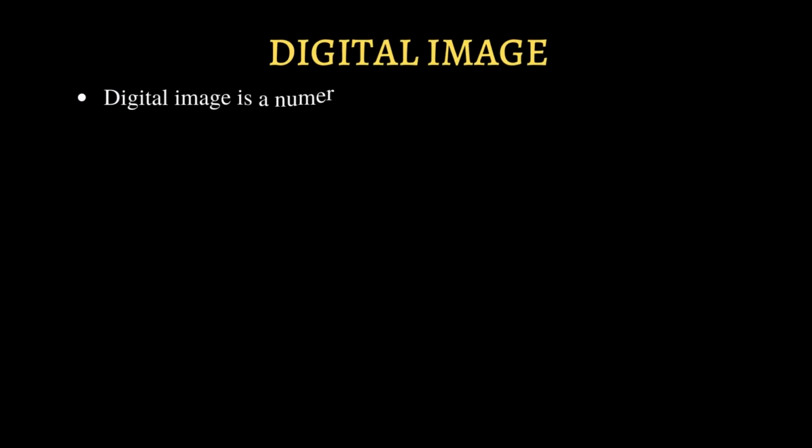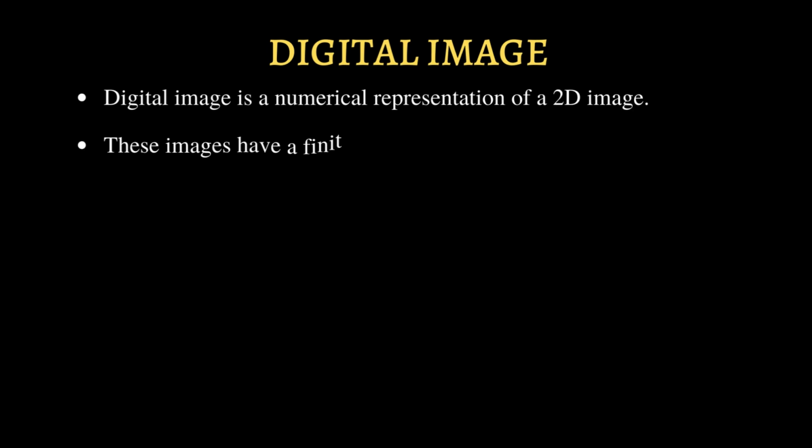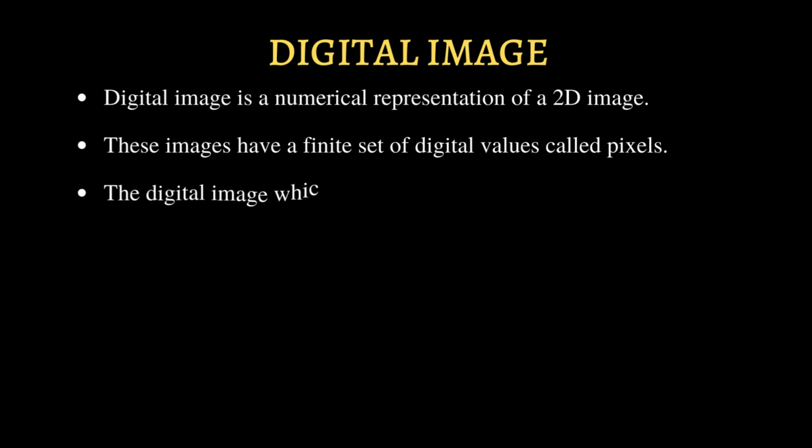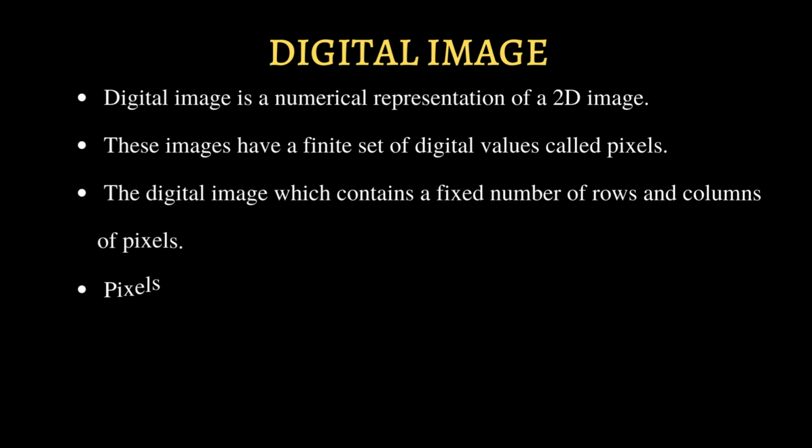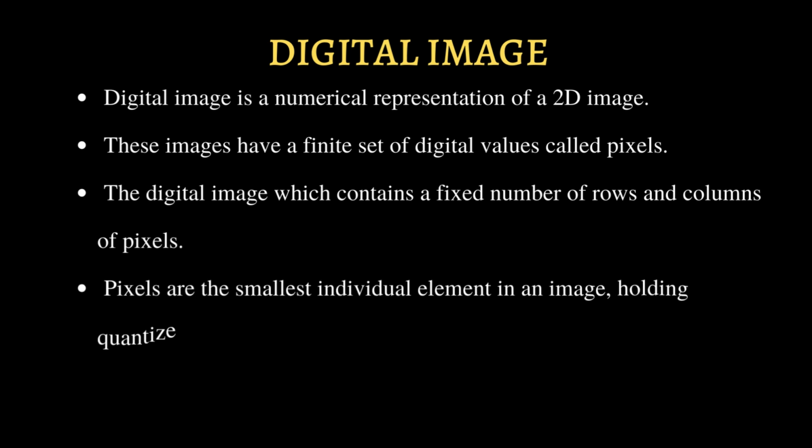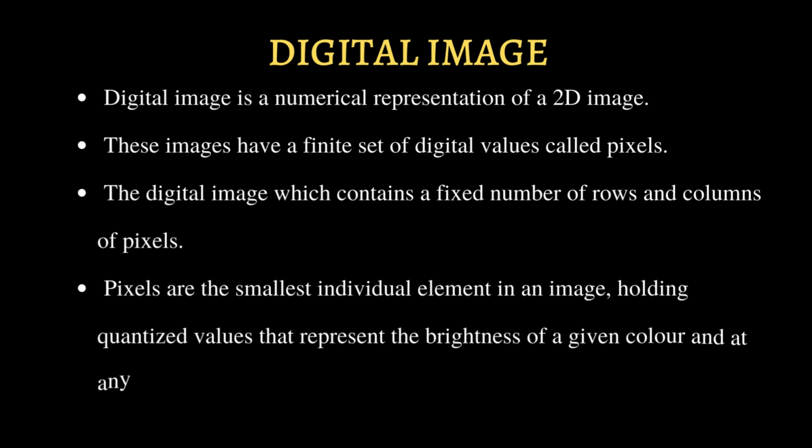So that is the difference between analog and digital images. The next is what a digital image is. It is a representation of a two-dimensional image as a finite set of digital values called picture elements or pixels. That is, there will be a fixed number of rows and columns. Pixels are the smallest individual elements in an image, holding values that represent the brightness of a given color at any specific point.